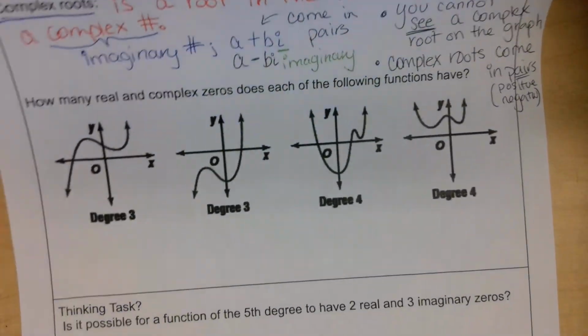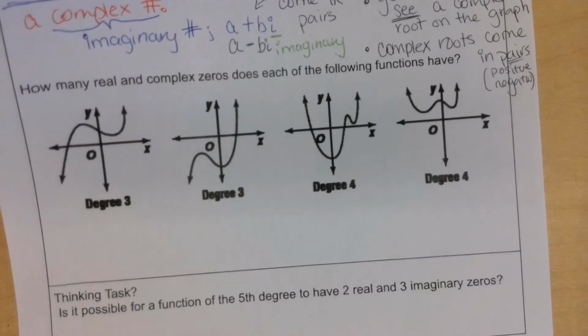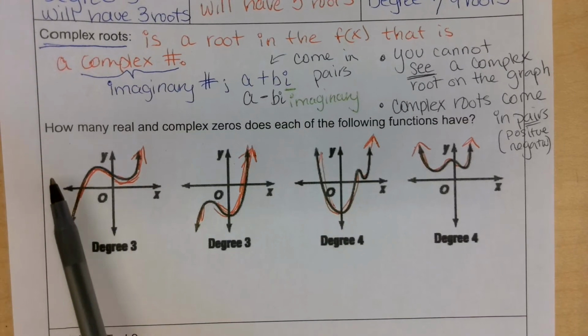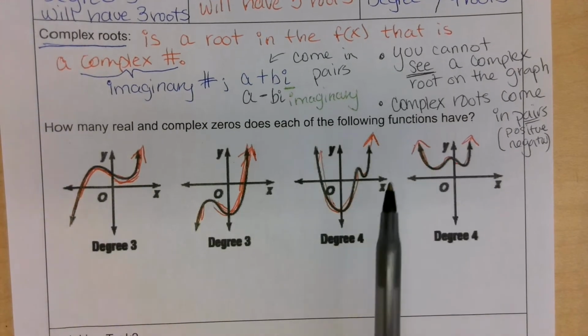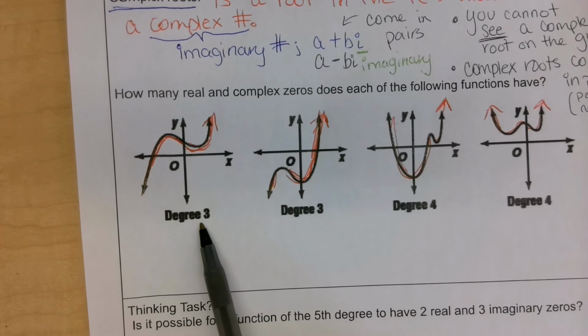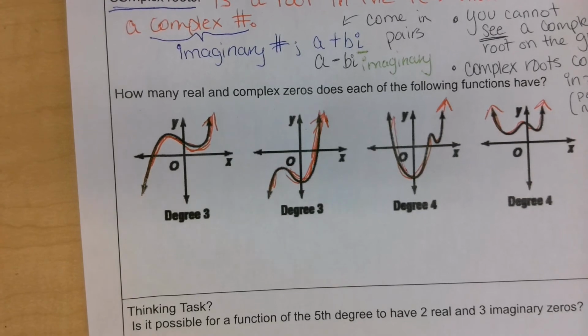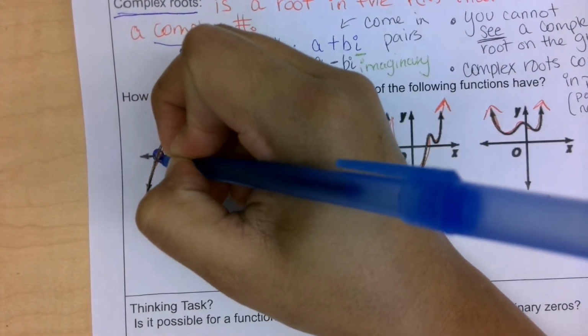All right, so let's go ahead and look at these graphs. For example, here let's determine how many real and how many complex zeros each of the following functions have. So let's look at this one. If this is a degree 3, how many times does it cross the x-axis? Well, if you look at this first example, it crosses one time.